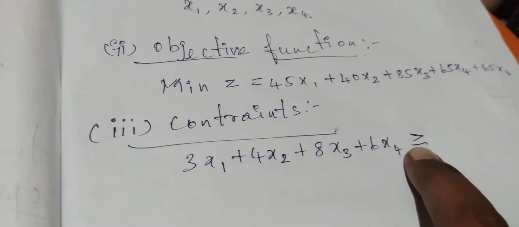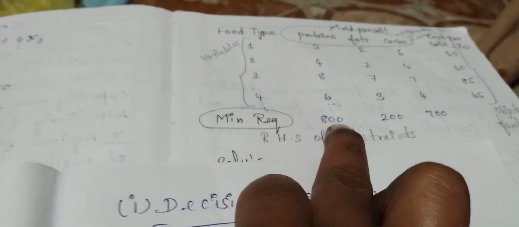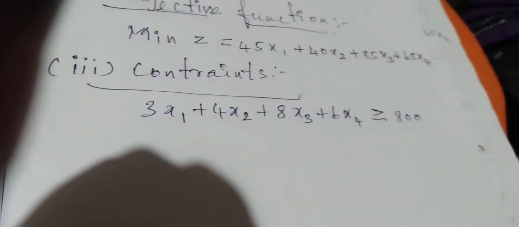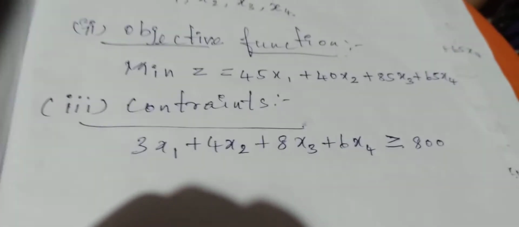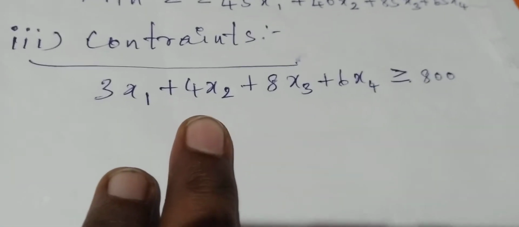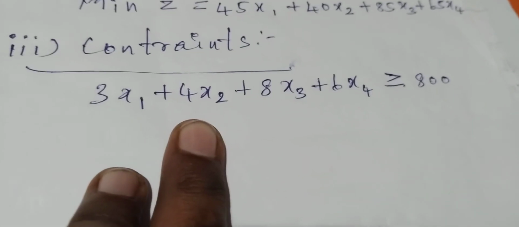So what is the minimum requirement they have given for the protein? 800. So I need to write 800 here. I hope you understand what I am trying to say. If you have any doubt, finally you can ask.